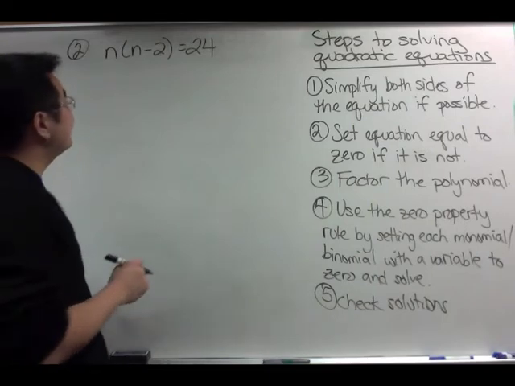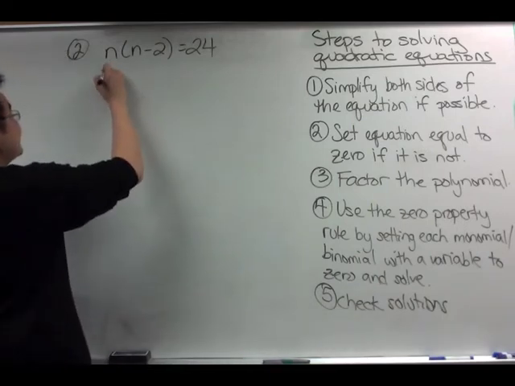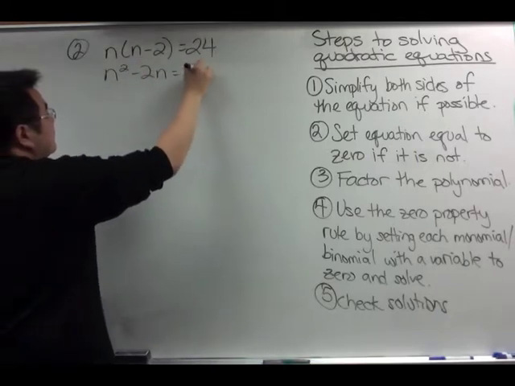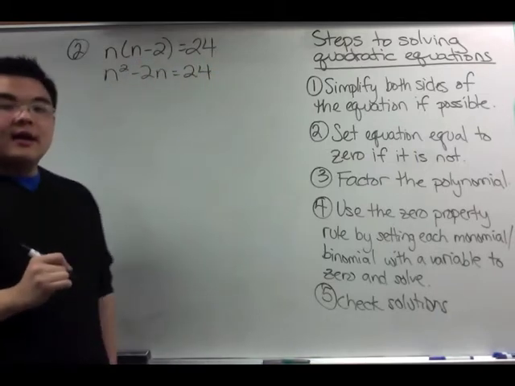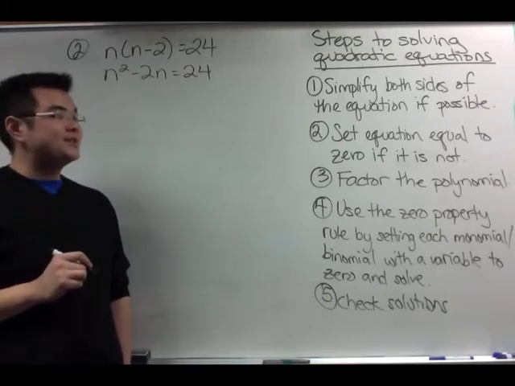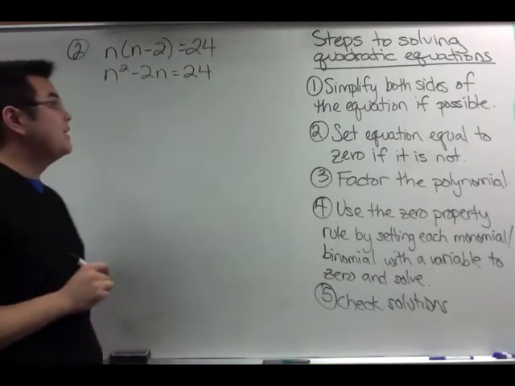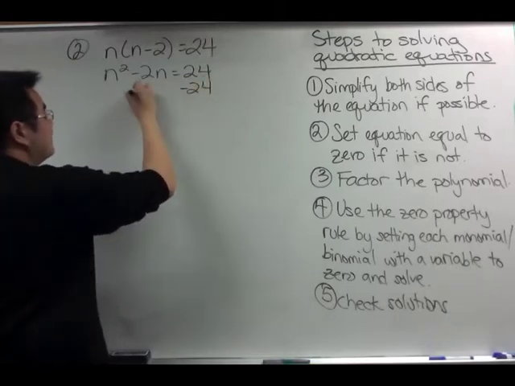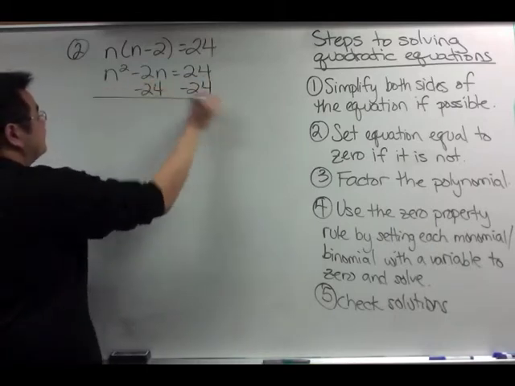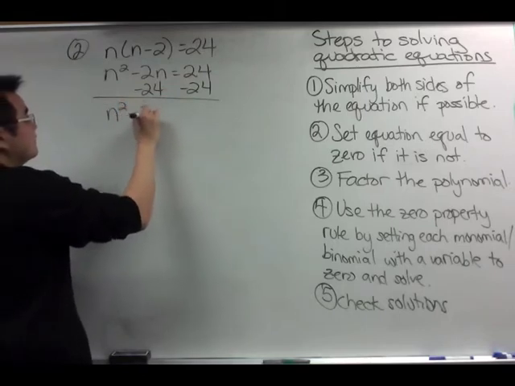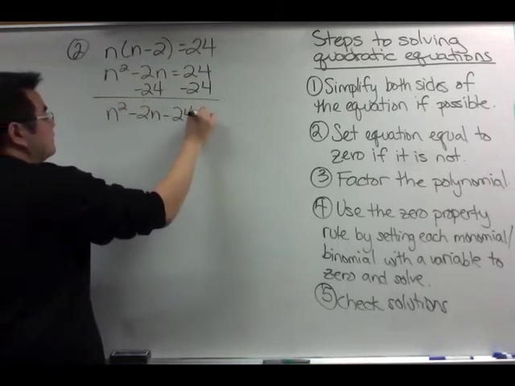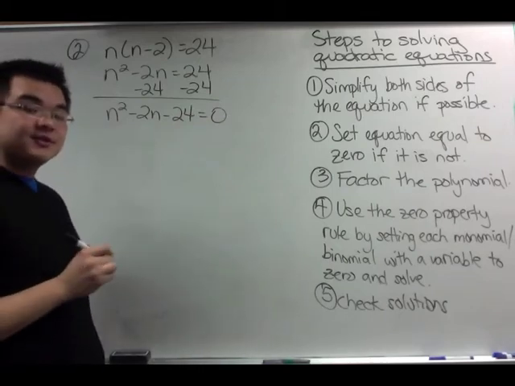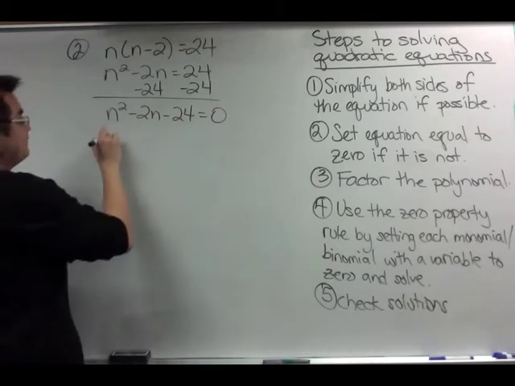For the next example, we will not be skipping step 1. We're going to simplify the left side of the equation by distributing the n. And then we're going to move on to step 2, which says set equation equal to 0. Since the equation is set equal to 24, I'm going to subtract 24 on both sides of the equation. Now I'm going to proceed by factoring the polynomial just like we did in the previous example.